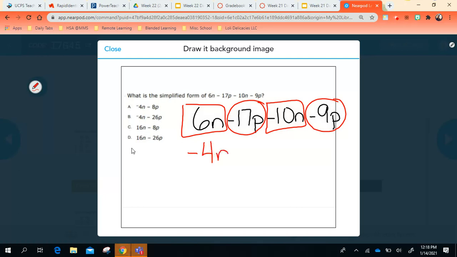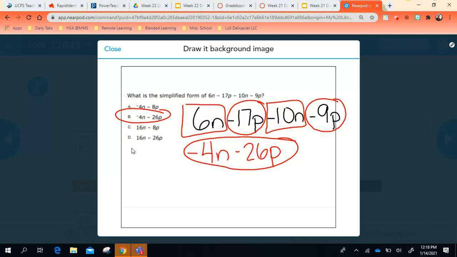Negative 4n. Remember, you can use circles to draw it out and create zero pairs. Check it using your calculator. Then what is negative 17 minus 9? Negative 26p, which makes my answer B.